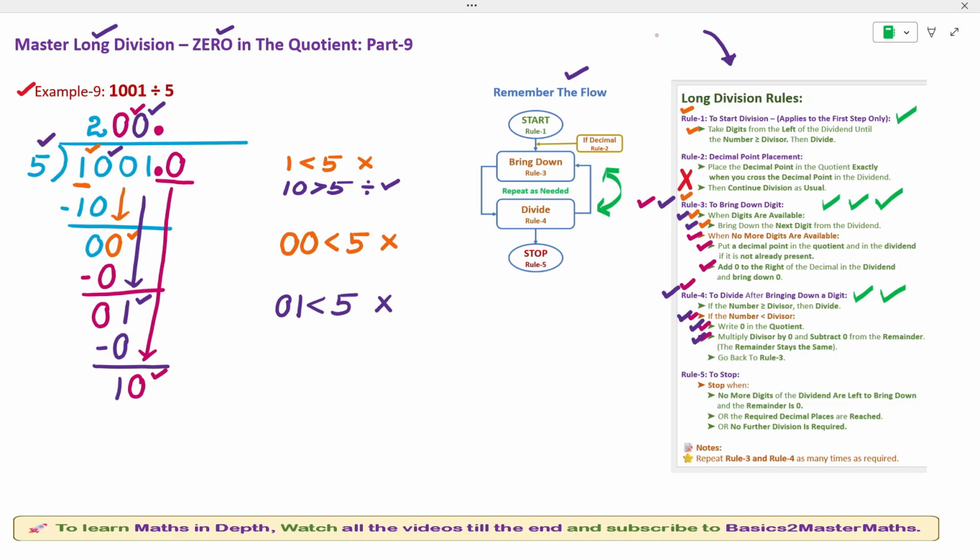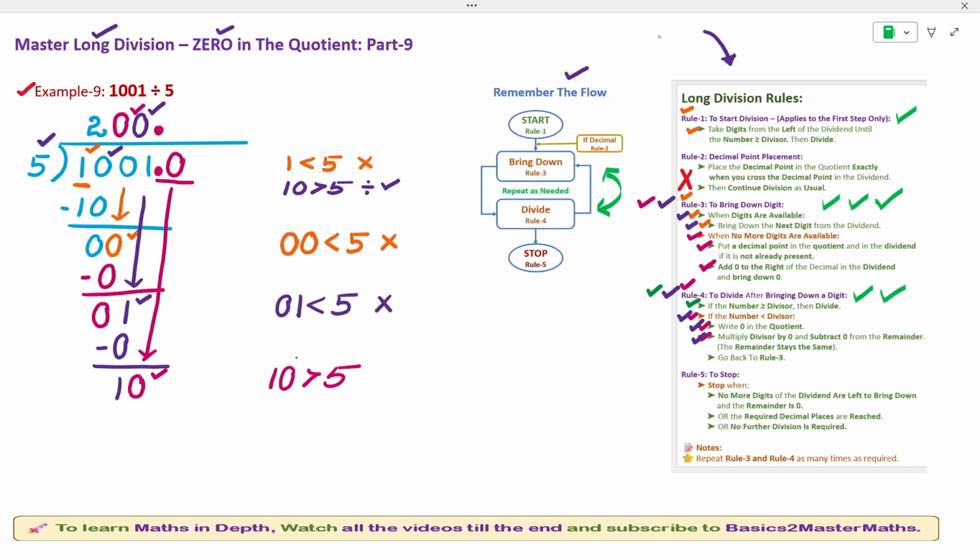Observe. Now, the number is 10, which is greater than the divisor 5. Let us apply rule 4 again.